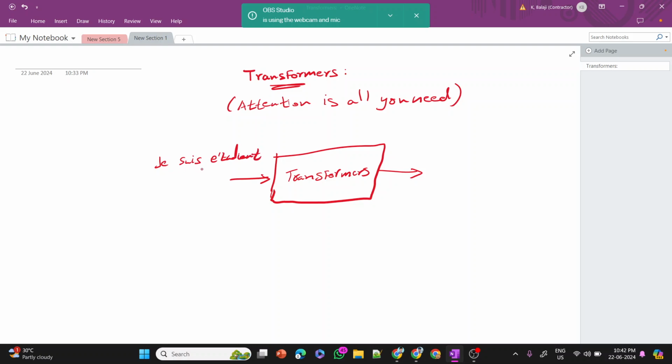This is a French sentence. We give it as an input to the transformer, and it will translate that sentence into English. The English sentence is "I am a student".